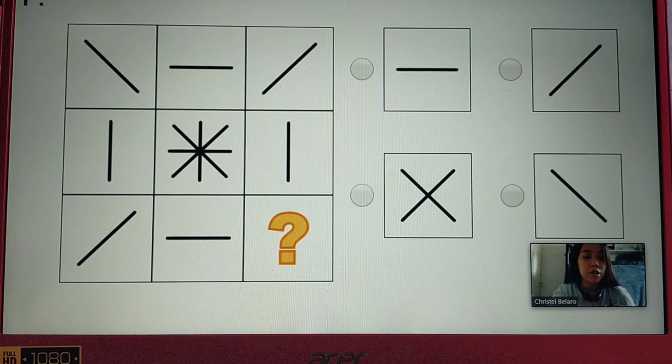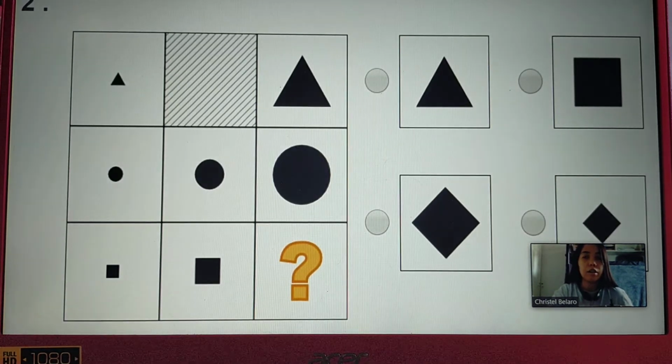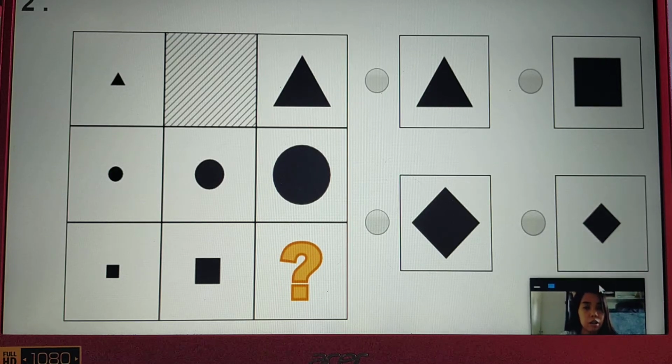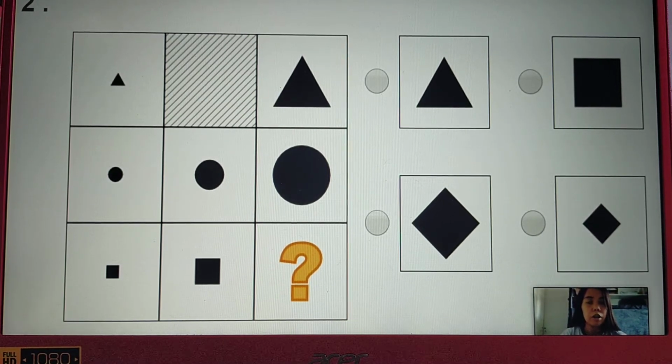Are you ready? Let's start with number 1. Given this diagram, those figures, what do you think is the missing one? Again, this is A, B, C, and D. What do you think is the missing one? 5, 4, 3, 2, 1.